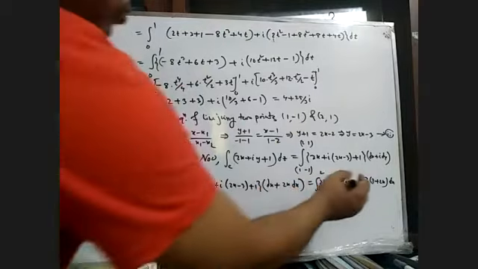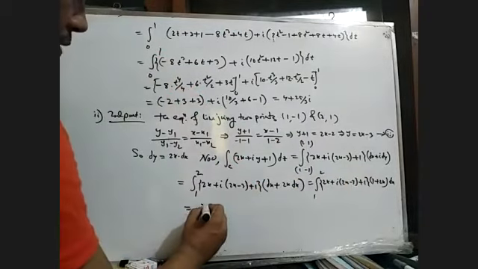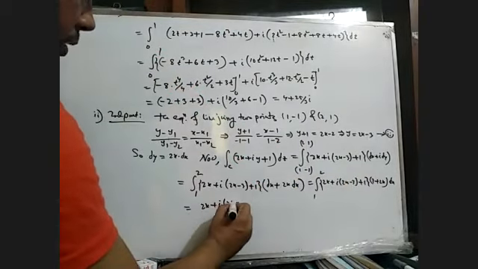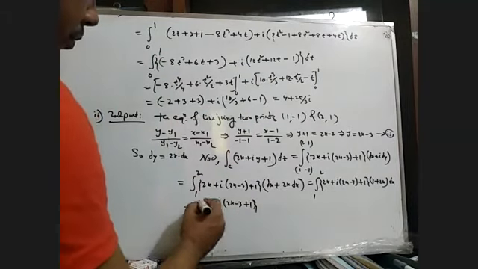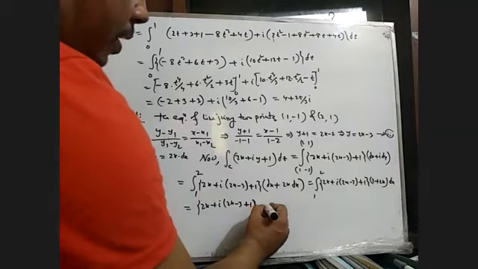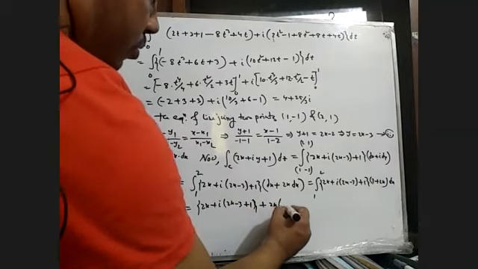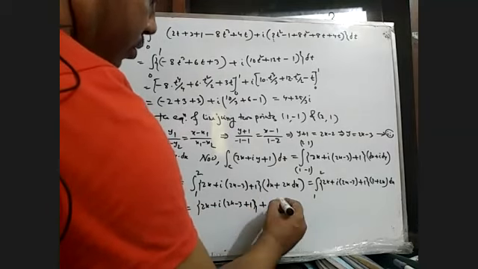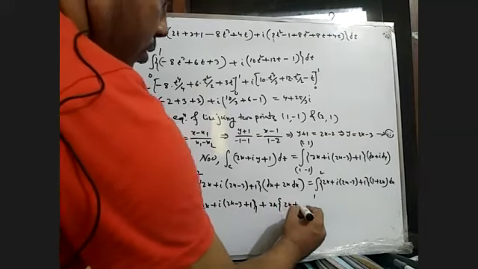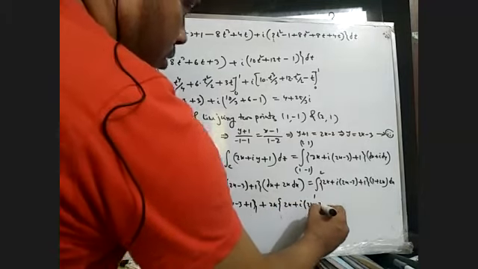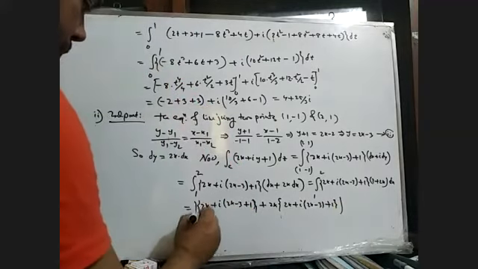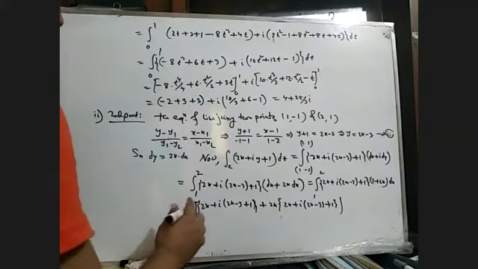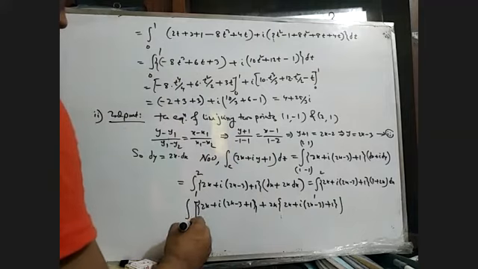So 1 into this means what? I twice x minus 3 plus 1 plus twice x into 1 to 2.